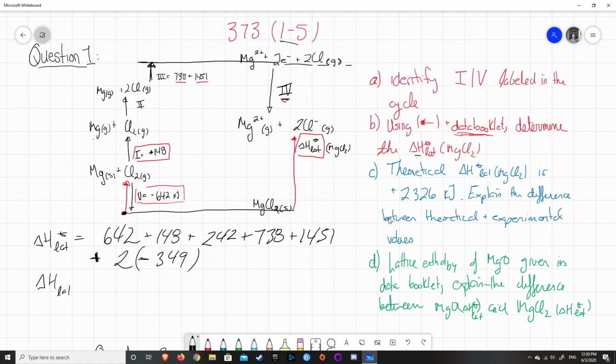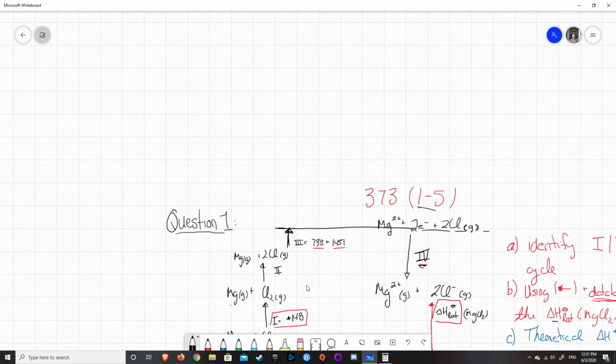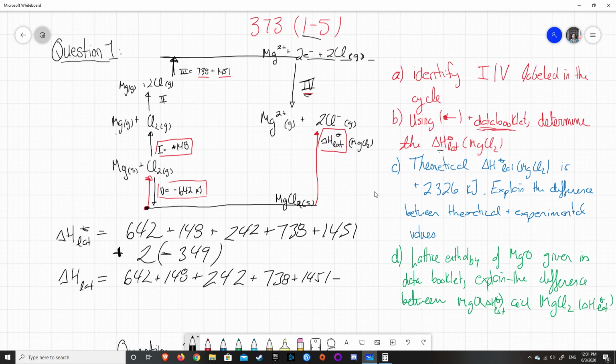Delta H of lattice is equal to 642 plus 148, I'm just writing it down more clearly, 242 plus 738 plus 1451 minus, and I'm just going to pop open my calculator for this one. We've got 349 times 2 is minus 698.